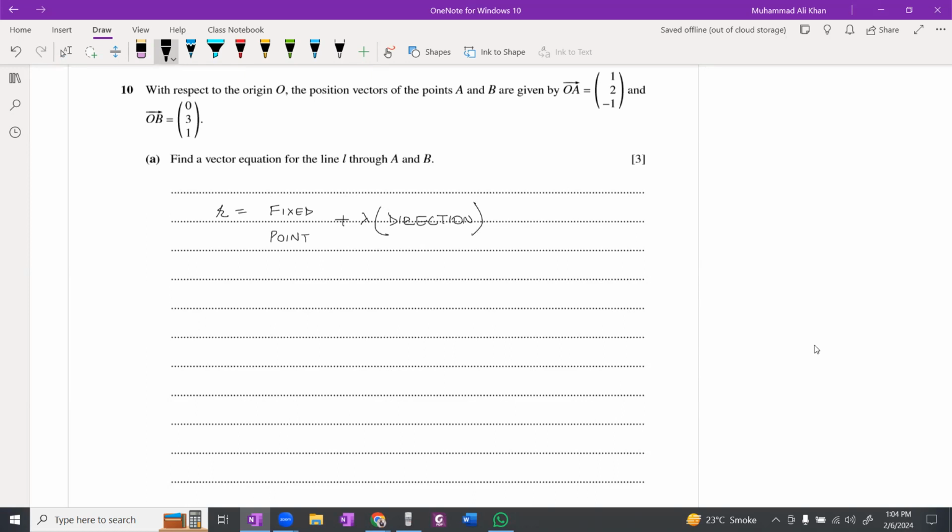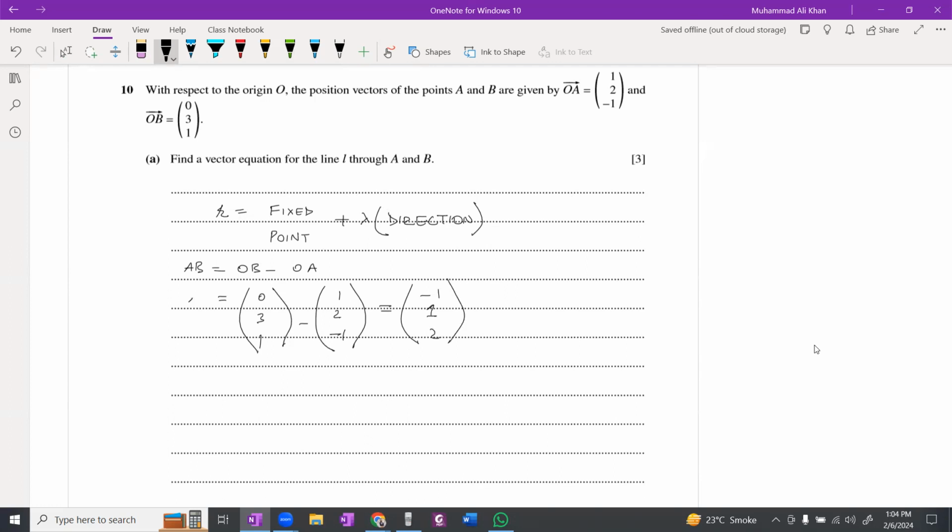So first calculate the direction AB, which is equal to OB minus OA. What is OB? It is 0, 3, 1 minus what is OA? OA is 1, 2, minus 1. So this will be 0 minus 1, minus 1, 3 minus 2, 1, 1 plus 1, 2.